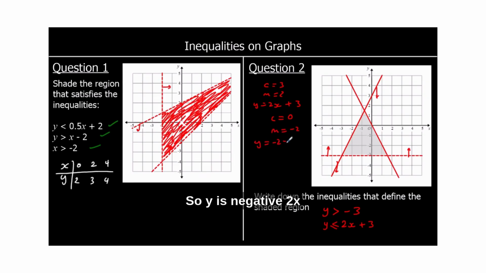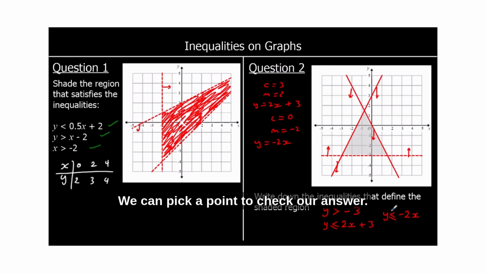So y is negative 2x plus 0. We don't need to write that. And we want below that line. So y again is on the smaller side, so less than or equal to minus 2x.